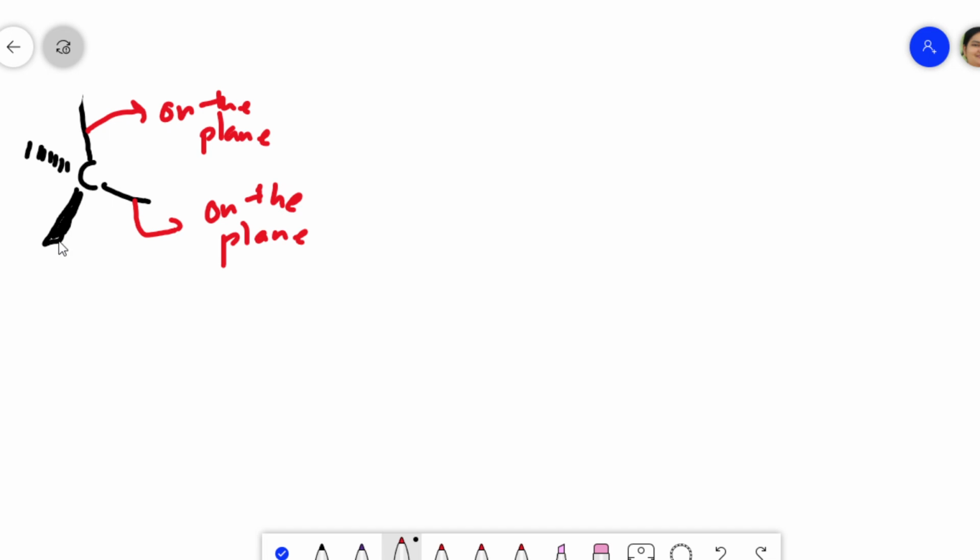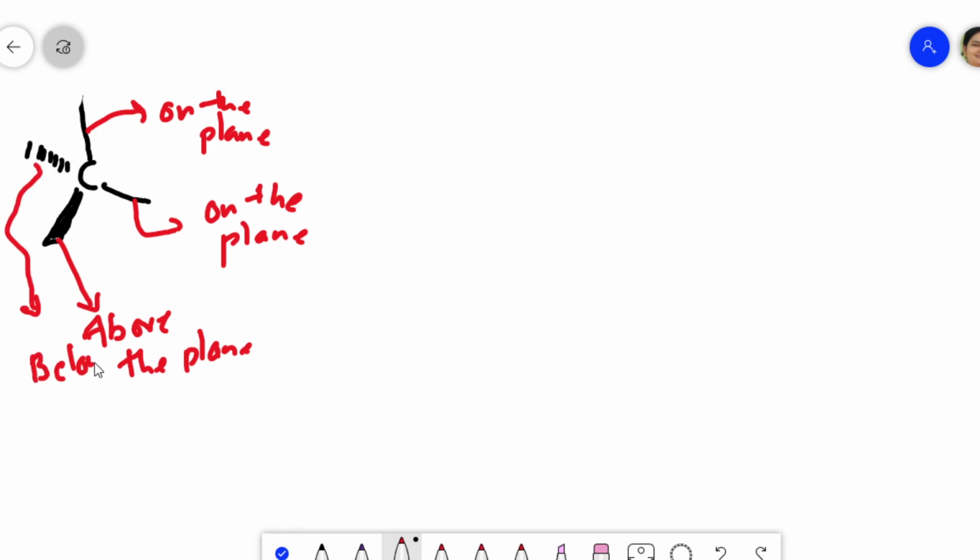You look at this bond, it is above the plane, and the fourth bond is below the plane. Whatever bond that you are looking at, this is below. Okay, so that's the wedge representation.